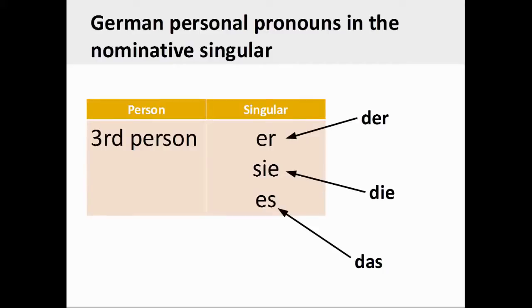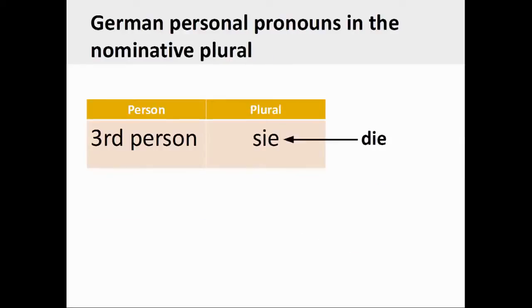The gender of the personal pronoun, therefore, can be matched to the gender of the German noun, which is manifested by its definite article: er, masculine, third person singular; sie, feminine, third person singular; and es, neuter, third person singular. When referring to people or living things with a biological gender, the appropriate matching personal pronoun is used. For plural nouns, the number of the noun determines its personal pronoun: sie, third person plural.